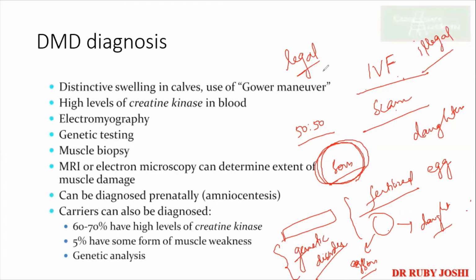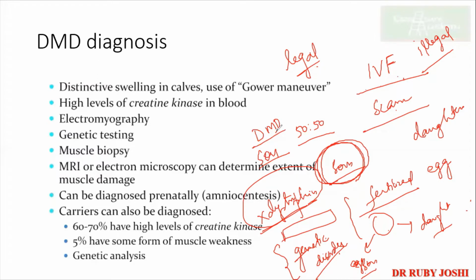But when you go the legal way, checking the genetic disorder, and you carry out the PCR and you know that there is no dystrophin, for example, what do you understand by this? It's going to be a son or daughter? Son. Correct. It is going to be a son, but having DMD.